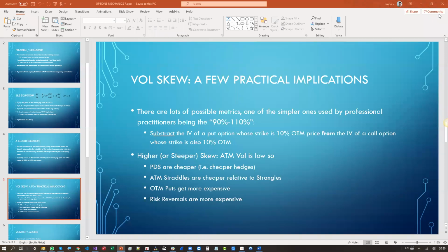But for example, now when the market is shooting up and the skew is very steep, at least the short-term skew, the hedges are cheap. That will be more related to your way of approaching hedging. For example, ATM straddles will be cheaper relative to strangles, all those things.